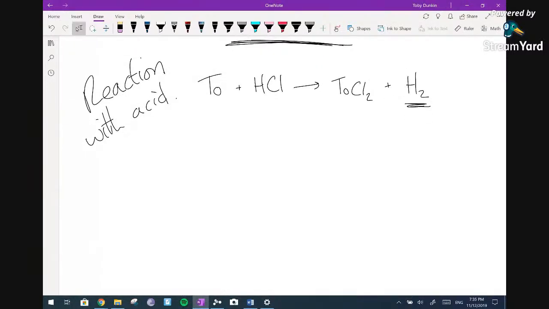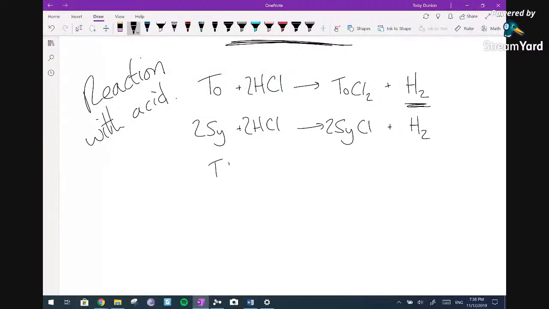Balance the equation. I can then do cyanium plus hydrochloric acid to form cyanium chloride, with an ion of 1+. Balance the equation. And then we've got tifonium reacting with hydrochloric acid to form tifonium chloride.